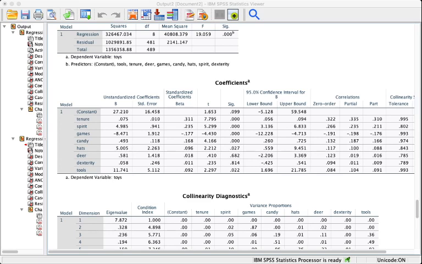Now, let's go back and look at these first three columns here. There's the unstandardized B, the standard error, and then there's the standardized B, which we call beta. The difference between these columns is simply that it's been standardized.